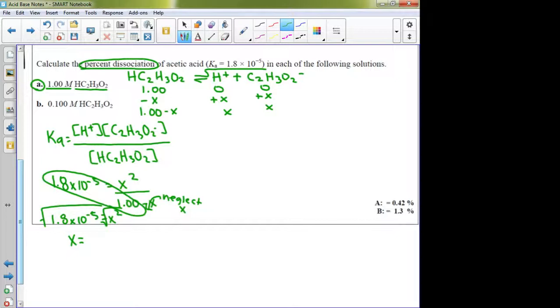And we get that x is equal to 4.2 times 10 to the negative third, which is also equal to my concentration of H positive, which lets me know that this is the amount that dissociated.